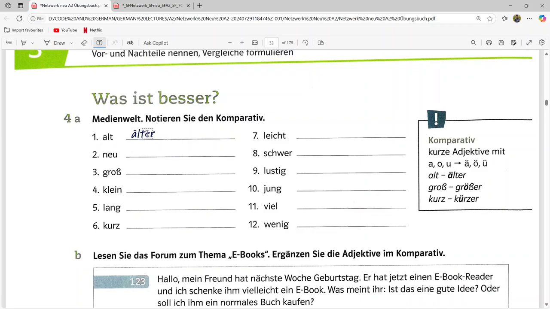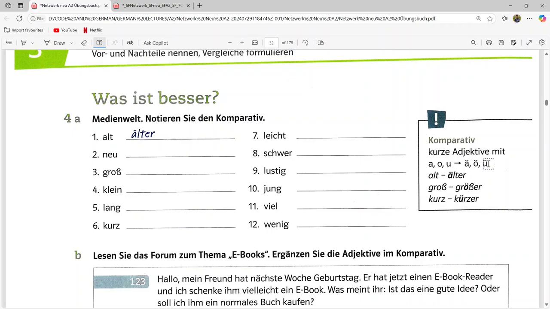So old, older. Okay. Neu, neuer. So new, newer. You can do it like this and fill up. One thing you should note: short adjectives with these alphabets A, O, U change to umlaut ones.